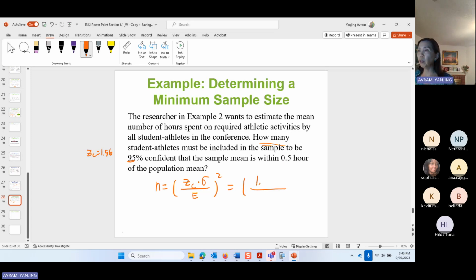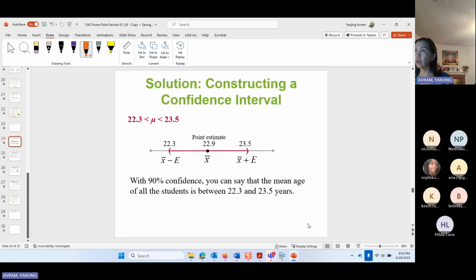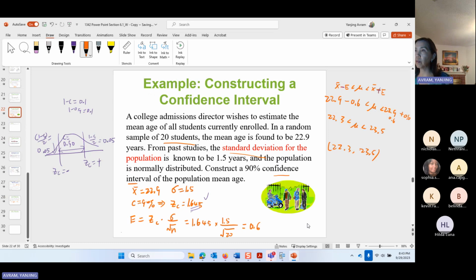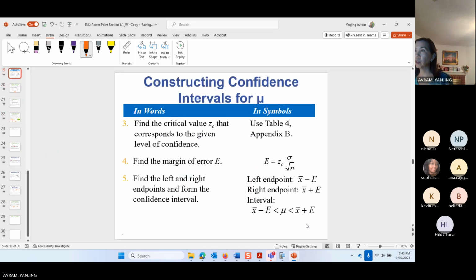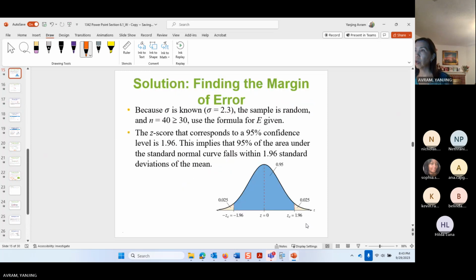So we have 1.96 times sigma. Let's see how much the sigma was earlier. It was in Table 2. So this sigma here is 2.3.